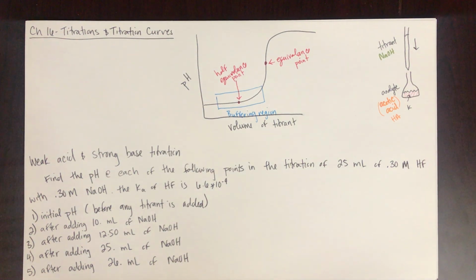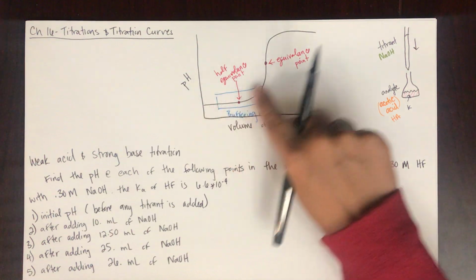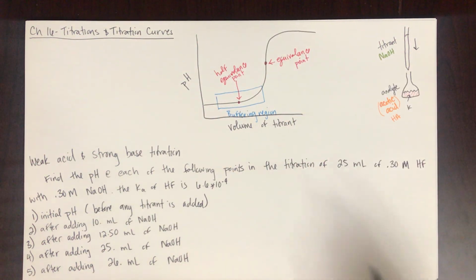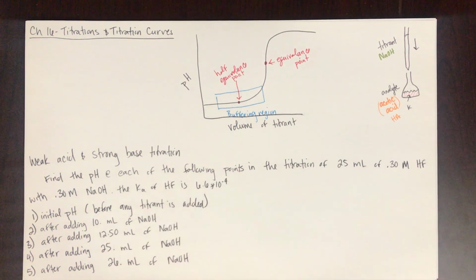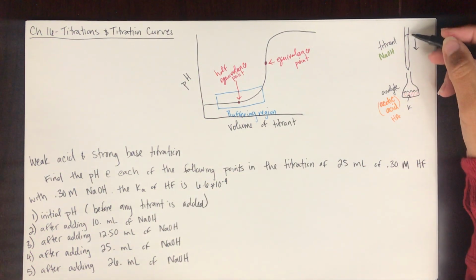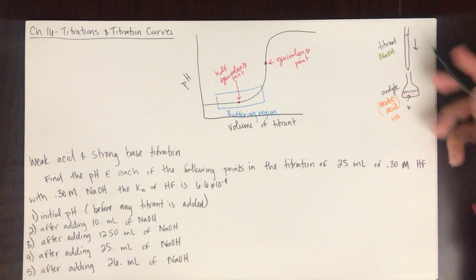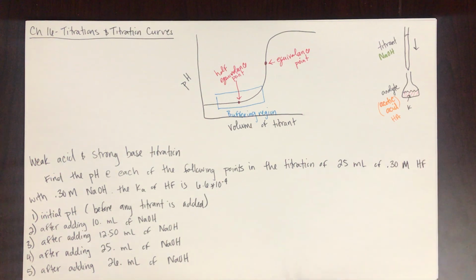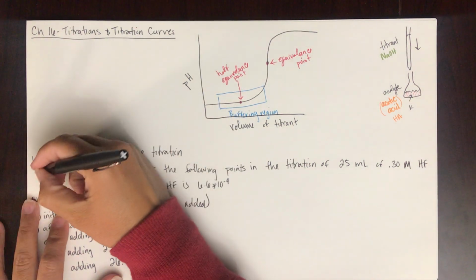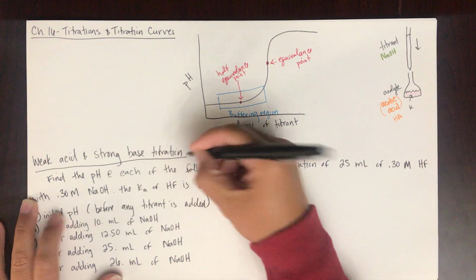I'll probably do one video for each step, and we're going to draw our own titration curve at the end after we've determined what the pH is after adding each of these volumes of sodium hydroxide. Here my example was acetic acid, but what we're actually going to be using is hydrofluoric acid. It doesn't really matter which acid it is as long as it's a weak acid. So this is introducing what we're going to be doing in the next few videos. This is a weak acid and a strong base titration.